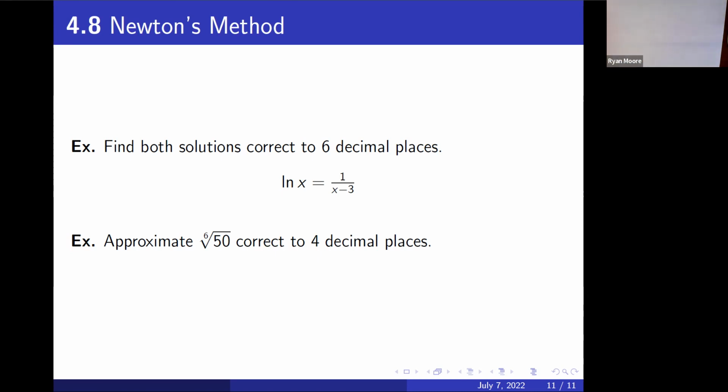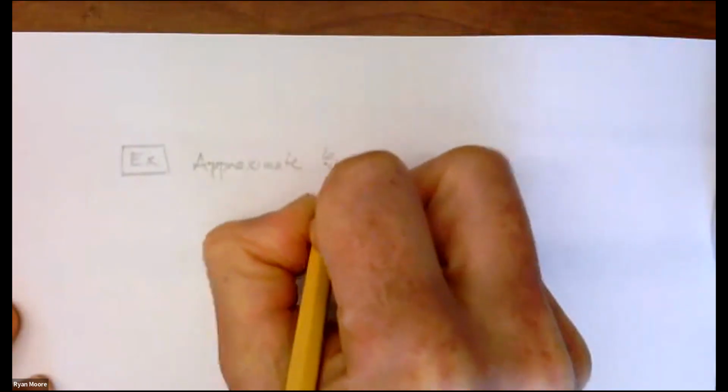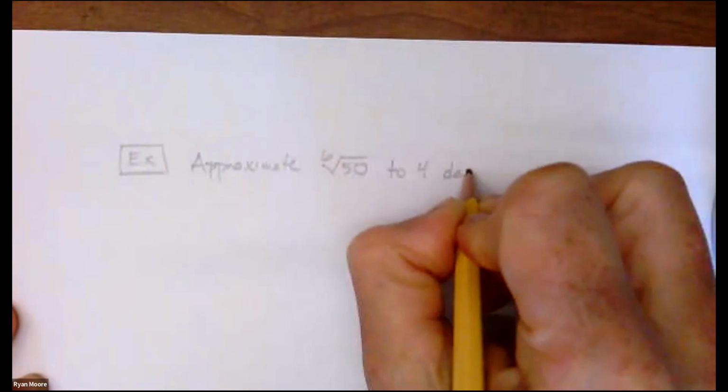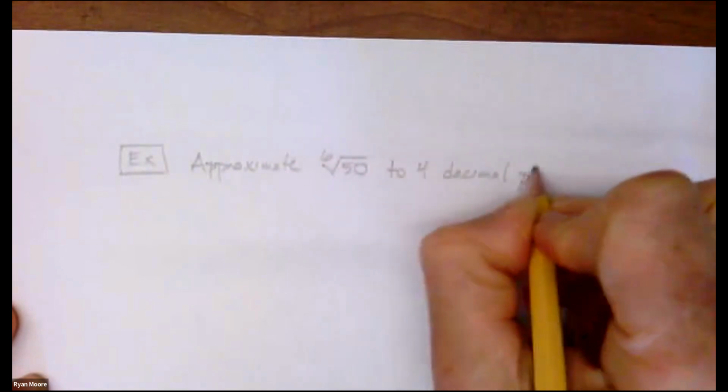That's not a solution. That's not a 0. Oh, check it out. Approximate the 6th root of 50 to 4 decimal places.